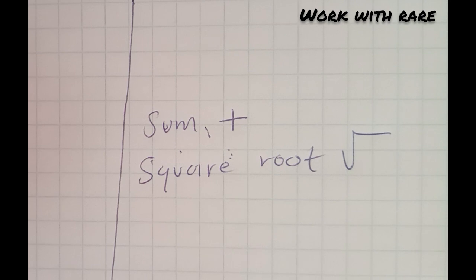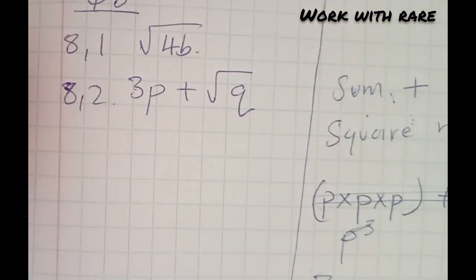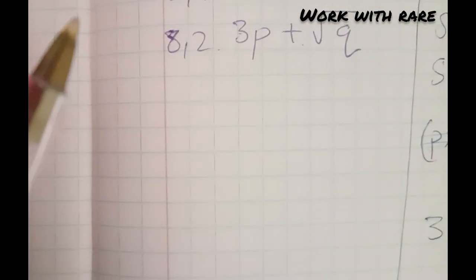Remember, multiply also goes with this thing of times, like if we say we have ap plus the square root of q. Like I said, the sum means plus, so that's why here it's addition. So let's leave that part.